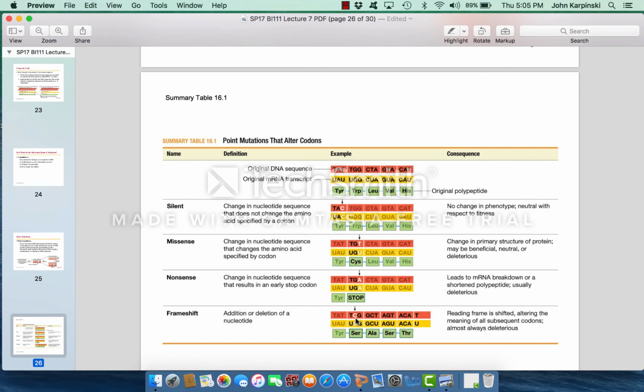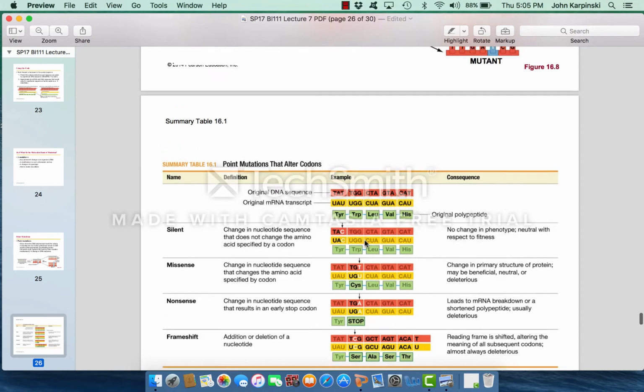Although that's not what I'm seeing here. I think this might be a mistake. But anyway, the bottom line with frame shift is, notice that once that nucleotide is removed, all of these amino acids are changed.